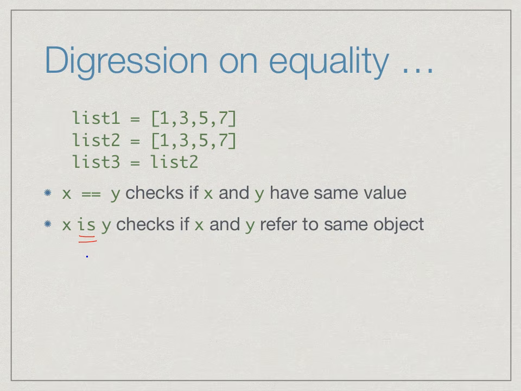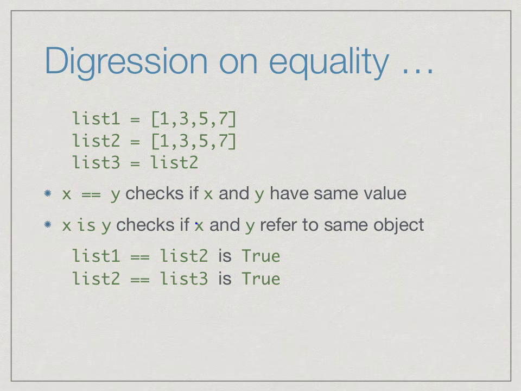So when we say x is y, what we are asking is whether x and y actually point to the same memory location, the same value, in which case updating x will affect y and vice versa. So x is y checks if x and y refer to the same object.